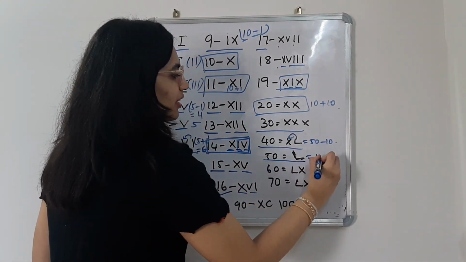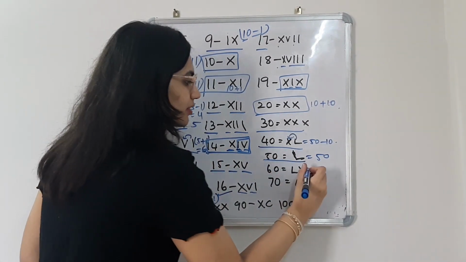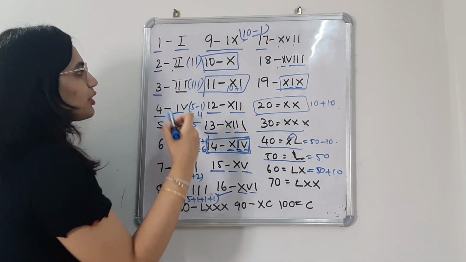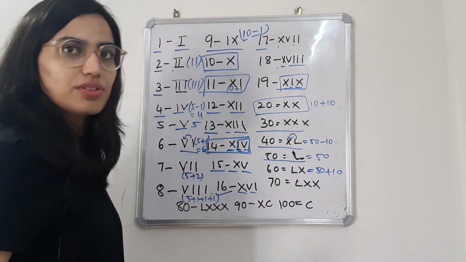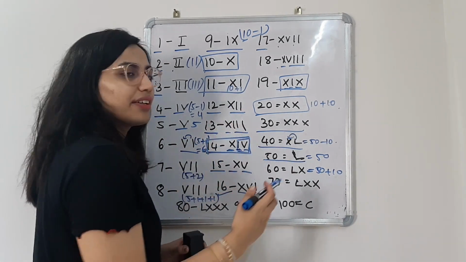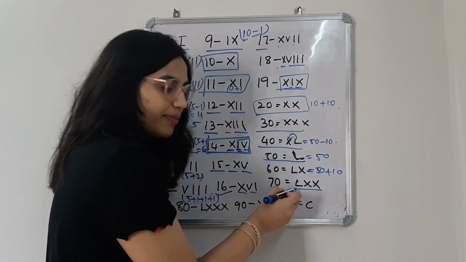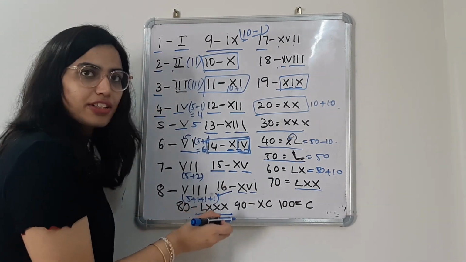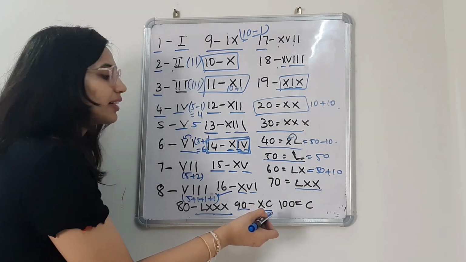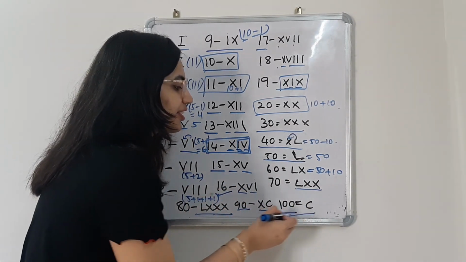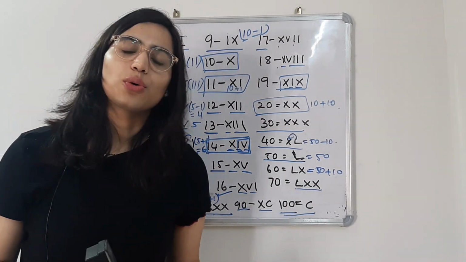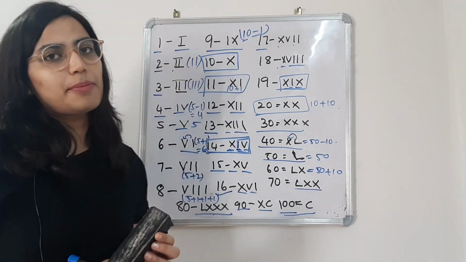Okay, 50 is L, 60 is 50 plus 10. If you see the trend, right, from the lower numbers, we are using the same rule to get the higher value also. So this is how, using all the rules that I have taught you, you can derive the larger numbers. 70, 80, 3 times I told you it can repeat. 90, again we use the same rule wherein we subtracted 10 from 100, and 100 is C. Okay, so this is how you write a Roman numeral from our Hindu-Arabic system.